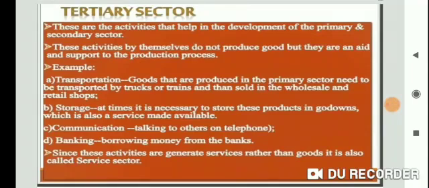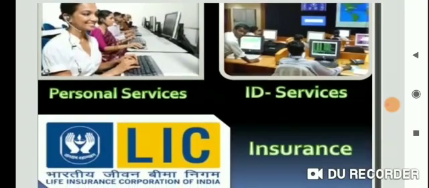It is also called the service sector as it generates services rather than goods, and the services support the production process. Examples are transport, storage and communication. In this picture you see personal service, insurance, banking and finance.